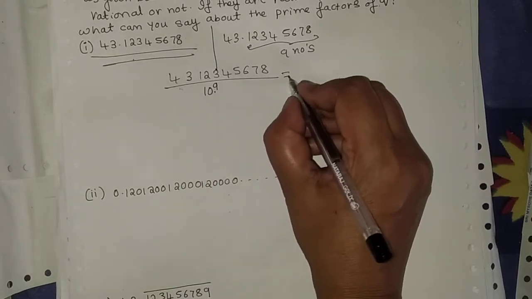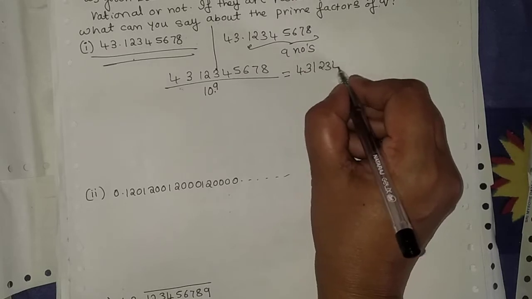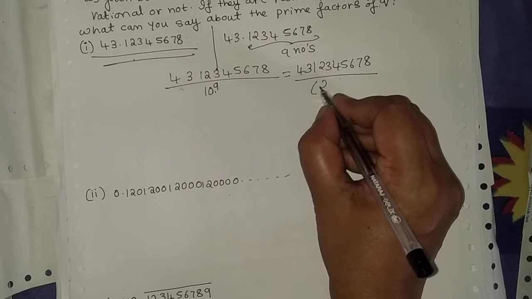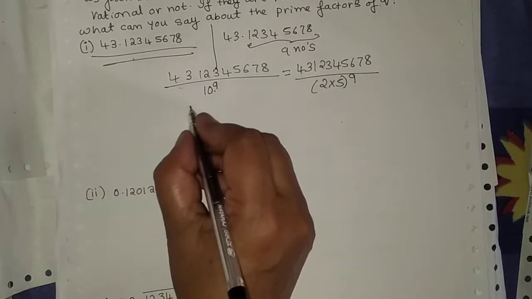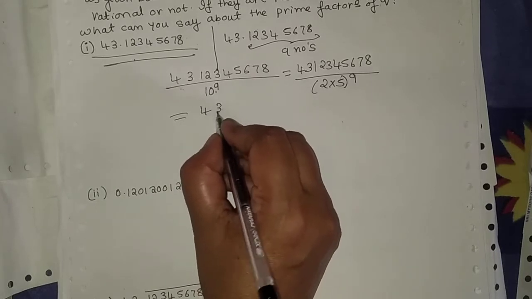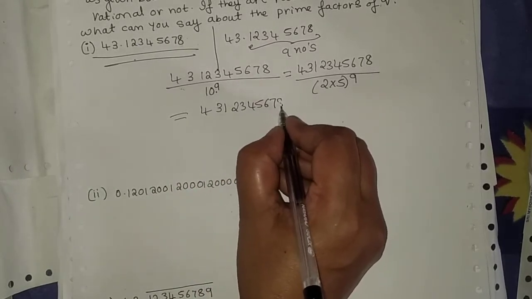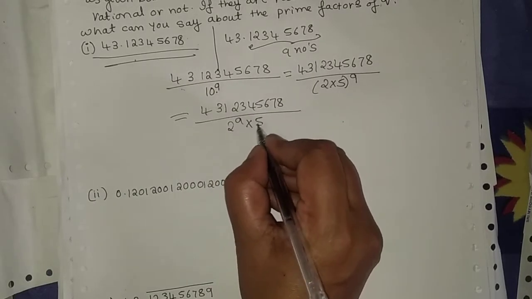So next we can write this as 43.1234567 by 2 into 5 to the power of 9. Again we can write this as 43.1234567 by 2 power 9 into 5 power 9.